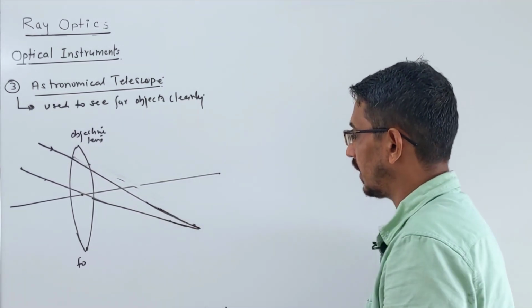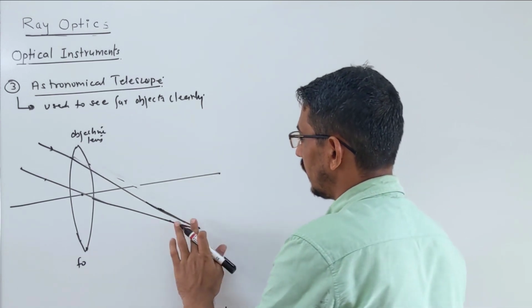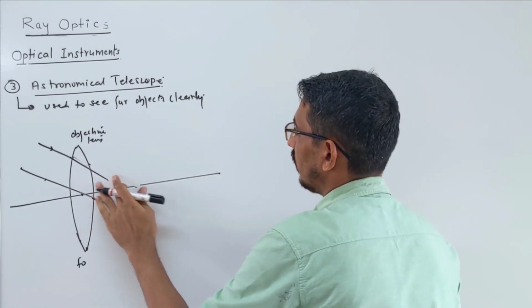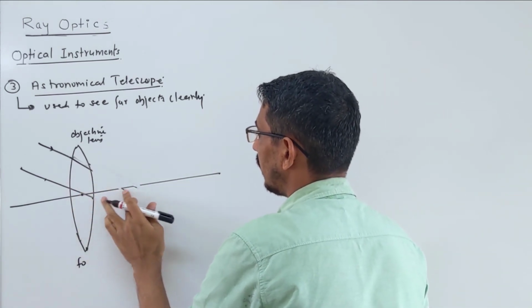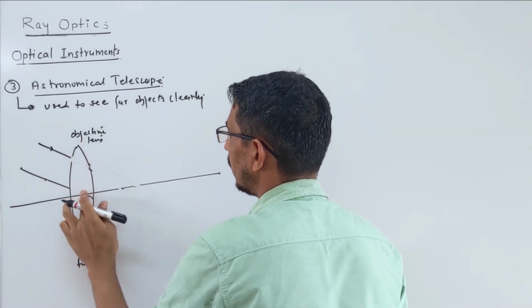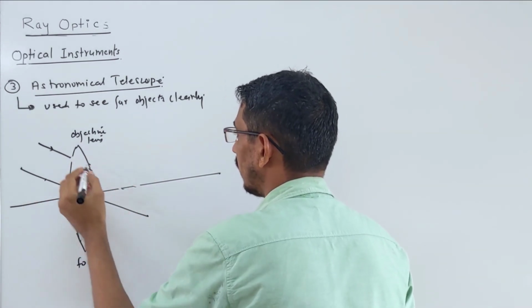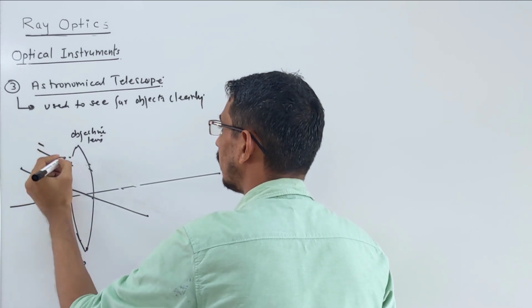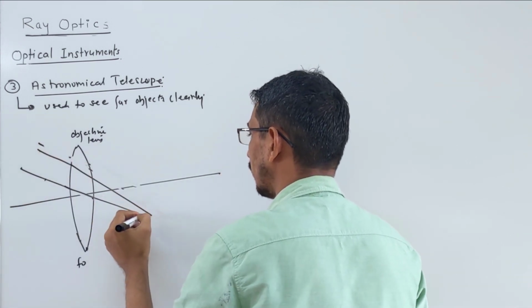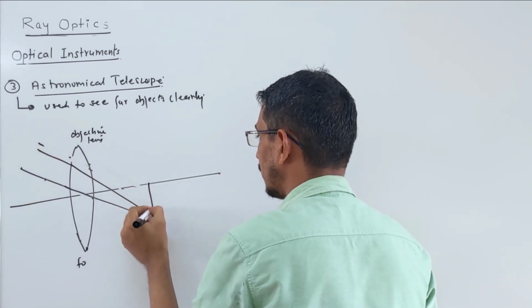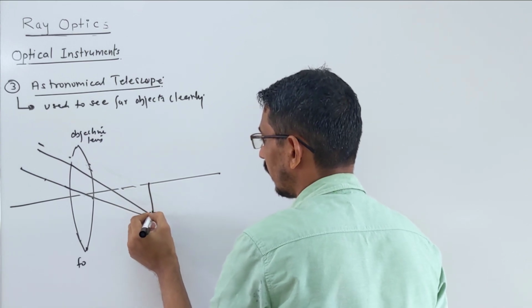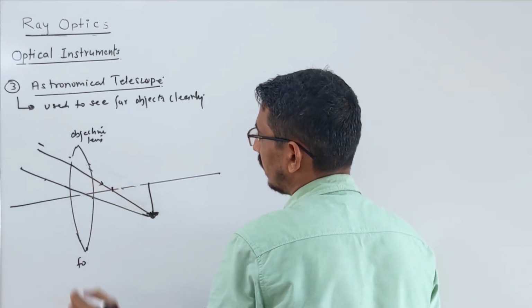I drew it a little wrong, because we need a small aperture for your objective lens, so they should meet, let's say, here itself. This is looking a little better. So suppose they are meeting here.